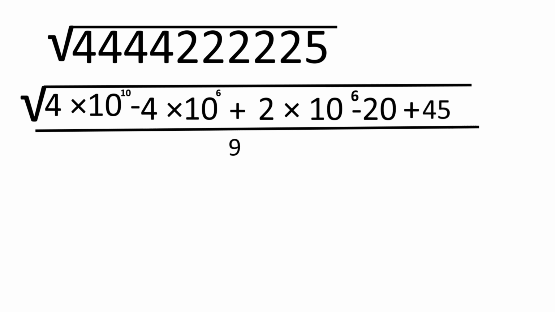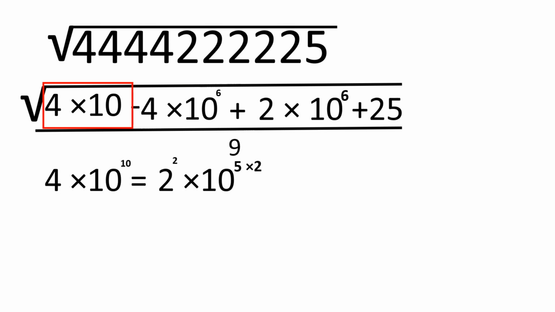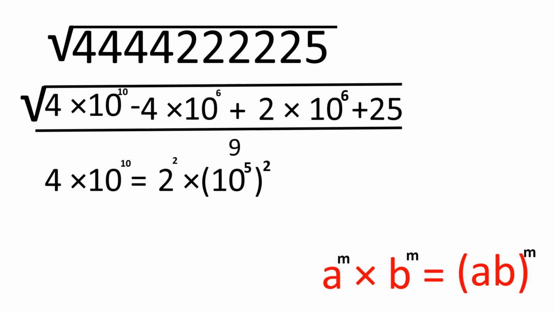Consider this number. We can write 4 as 2 squared and 10 raised to 10 as 10 raised to 5 times 2. But a raised to m times n is the same as a raised to m whole raised to n. So 10 raised to 5 times 2 is the same as 10 raised to 5 whole squared.